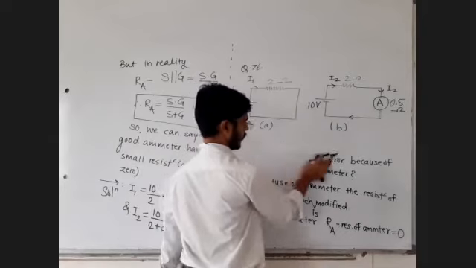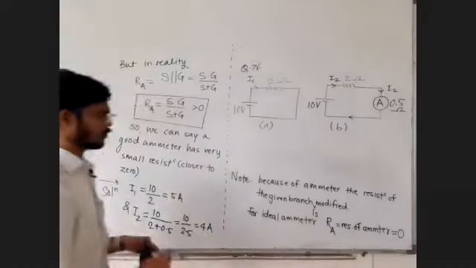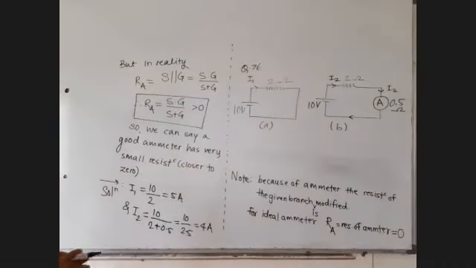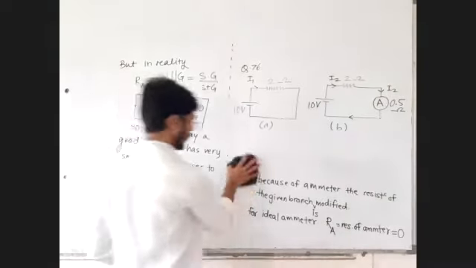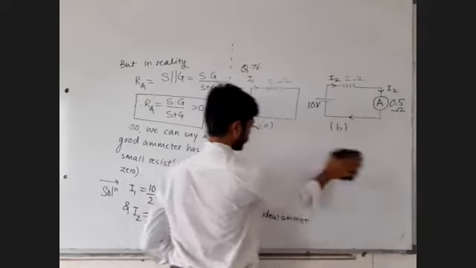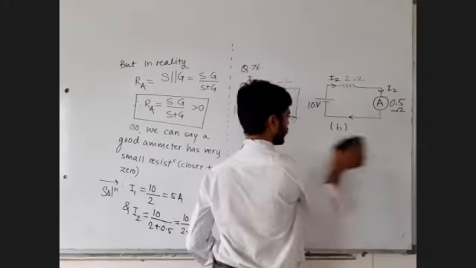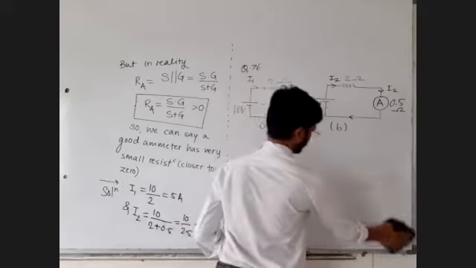Let us find out the percentage error. How to find out percentage error? Percentage error is relative error into 100. What is relative error? Relative error is error upon original value.